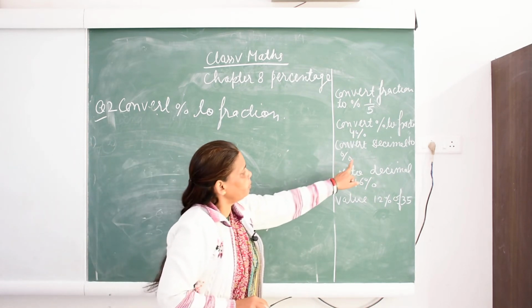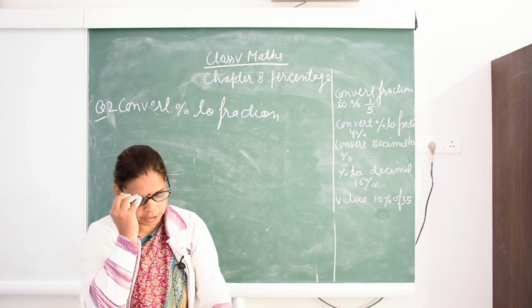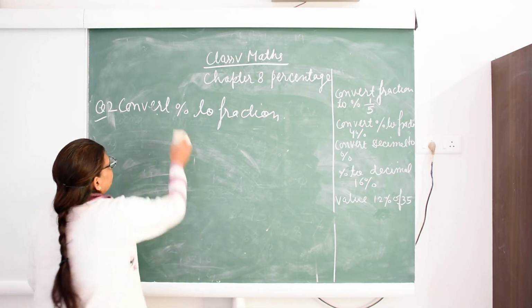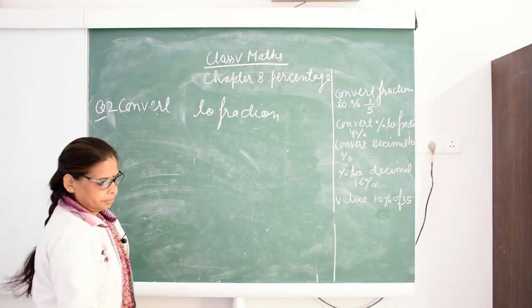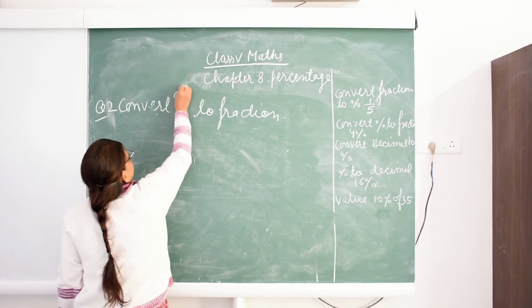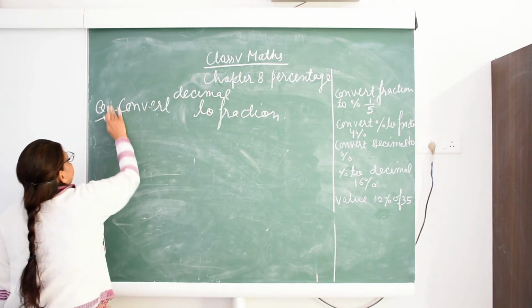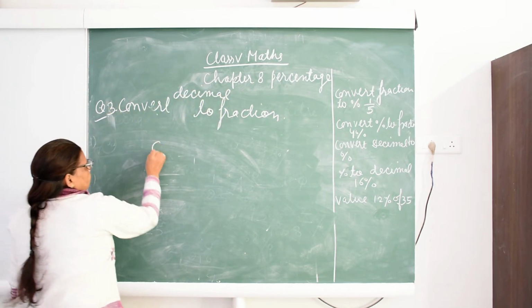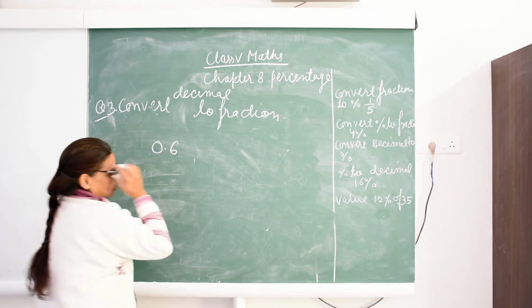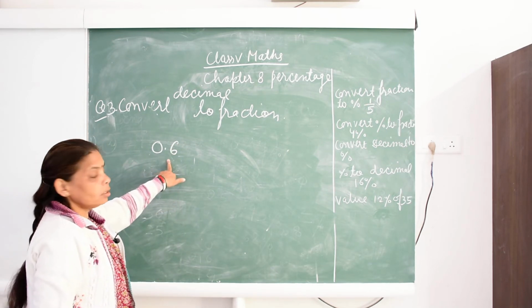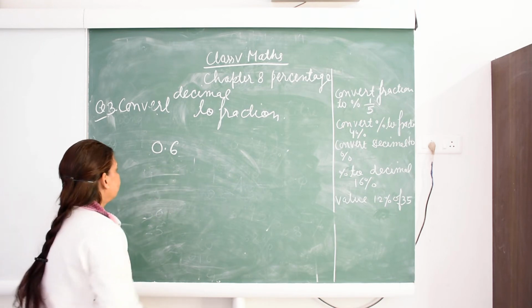Now convert decimal to a fraction. Decimal 0.6. First you convert it into a fraction, that you already did in the decimal chapter.